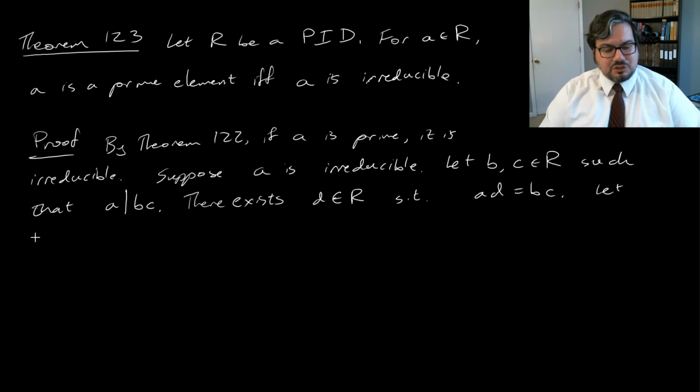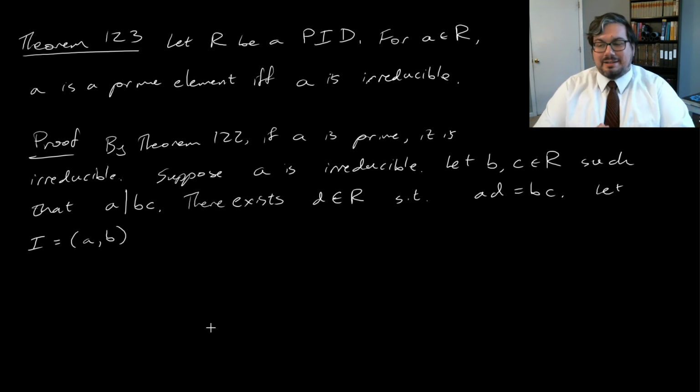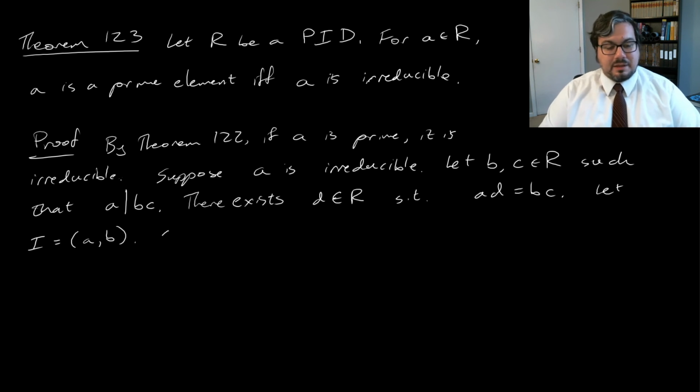In this case, as it turns out, what we want to do is let I be the ideal generated by A and B. So this is the set of all combinations of A and B that you can get by multiplying each by some element of the ring and adding them together. That's an ideal of the ring.